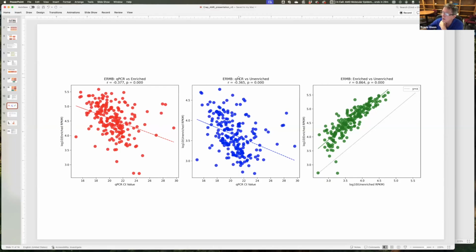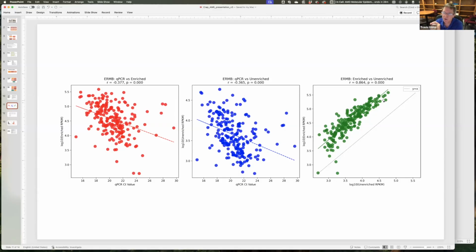Similarly, if you compare qPCR versus unenriched, you get a similar R score. Again, it's highly significant statistically, but the explanatory power is maybe not as much as you would like it to be. If you compare the unenriched versus the enriched, the 2 sequence data sets, those are pretty highly correlated.